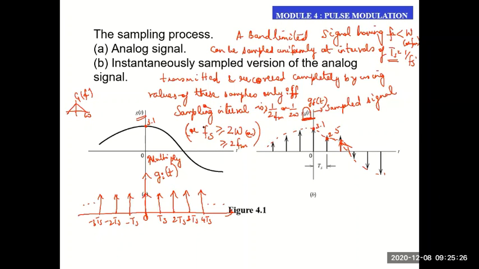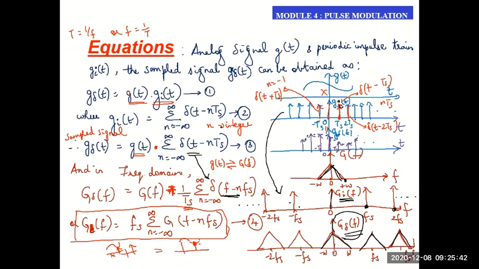You should sample at a frequency which is always greater than or at least equal to twice the message bandwidth. Please remember that. This is called the sampling theorem. So you can sample, transmit and recover only if Fs is greater than 2W or 2FM.